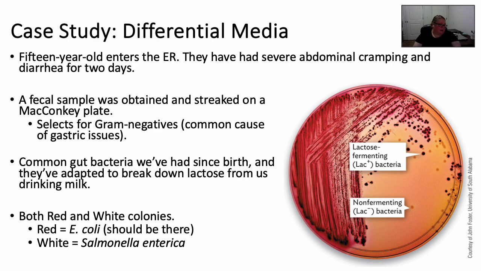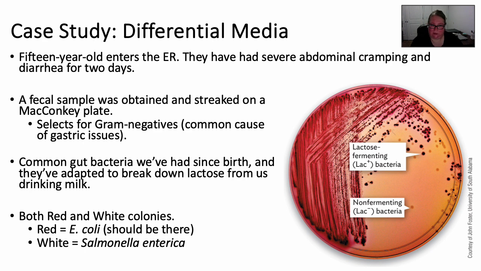So our common gut bacteria, like E. coli, is going to break down this lactose, because it's adapted to using that as an energy source. Pathogenic varieties are not going to be able to break lactose down. So they are non-fermenting.